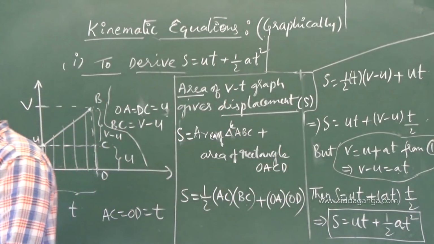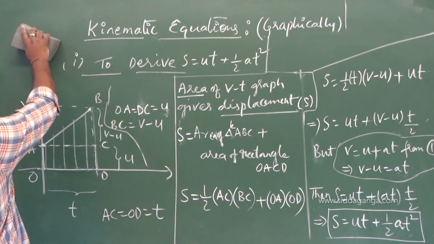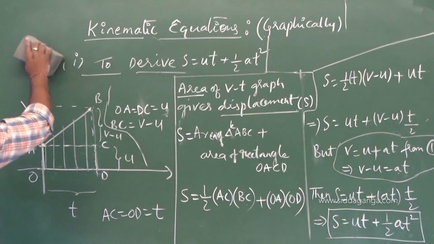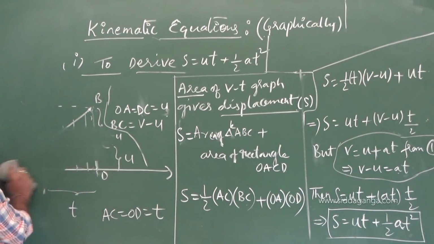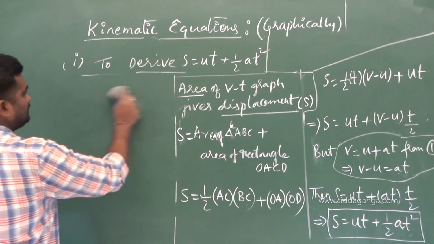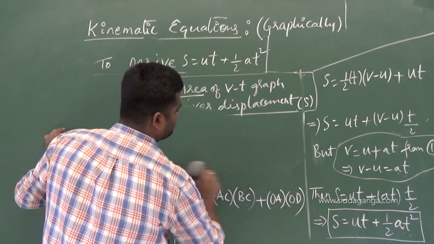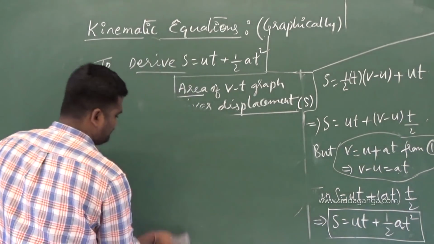What are the two equations we have derived? V equals U plus AT, and one more is S equals UT plus half AT square. Two equations we have derived. Now, the third equation we are having. We will see what is the third equation.